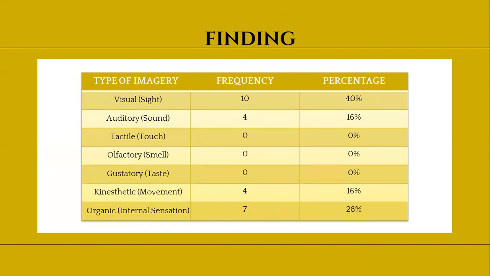They are visual, auditory, kinesthetic, and also organic. And as the answer to the second research question, the most used type of imagery was visual, with a total frequency of 10, and it has the highest percentage, which is 40 percent.